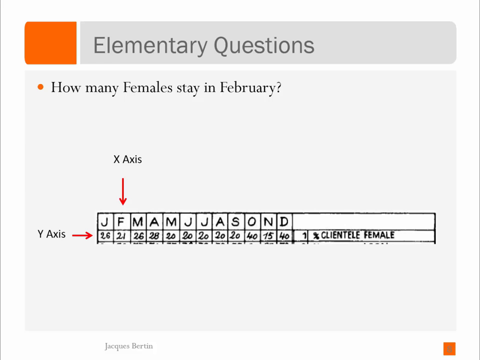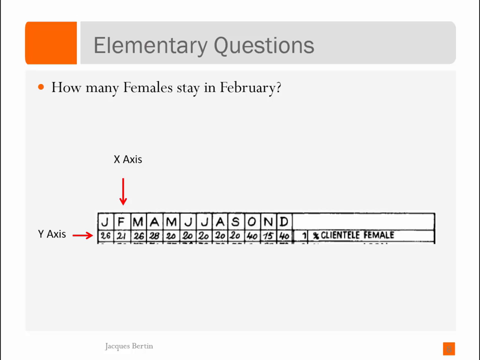On the x-axis, we have a column header of February. And then on the y-axis, we have our clientele, female. If we look at the cross-section of that, the measure that answers our question is 21. Basically, there were 21 bookings from females in February. So that should give you a real good solid example of an elementary question.